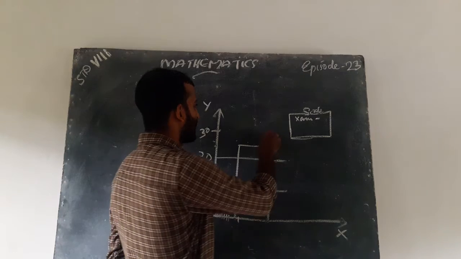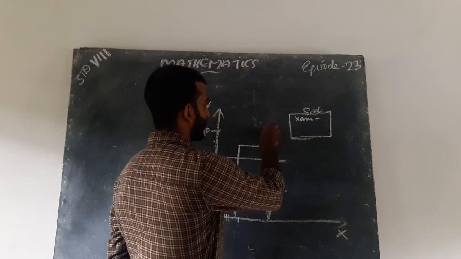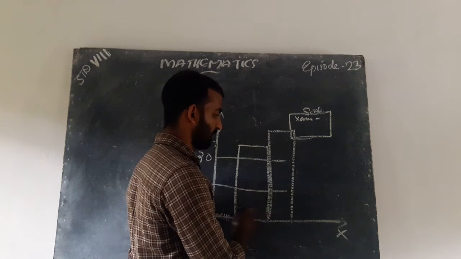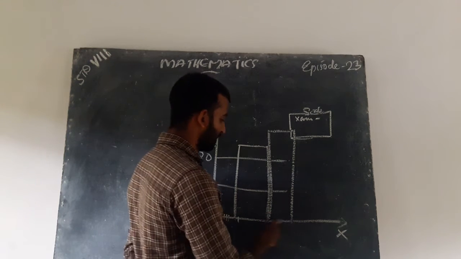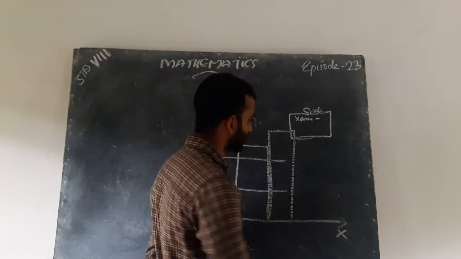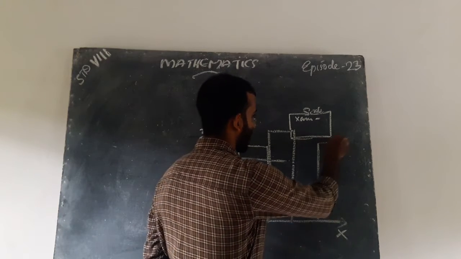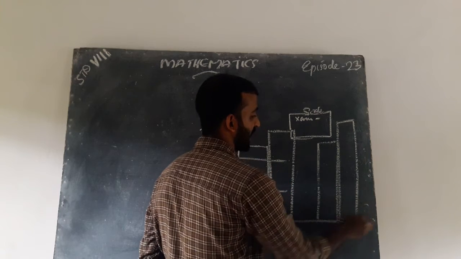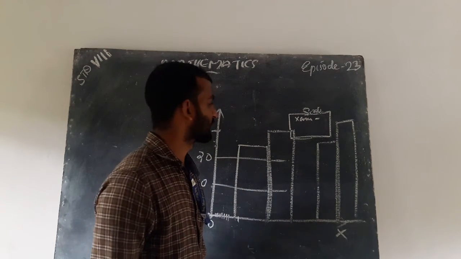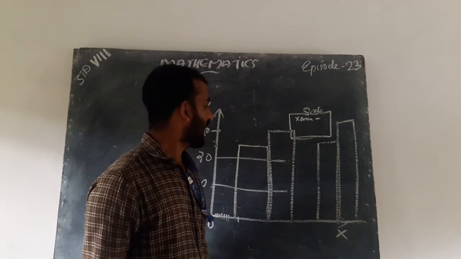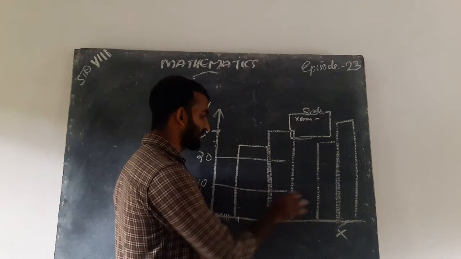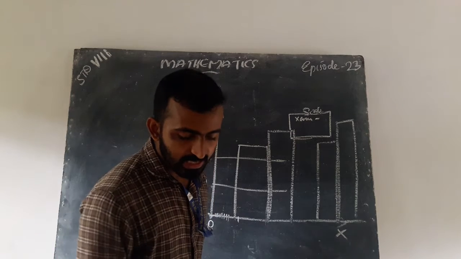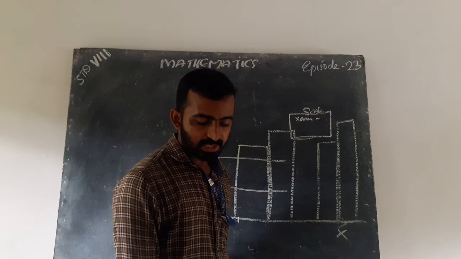And when we take a comparison, this is a double bar graph, and we make a distance, and we take the next double bar graph. Here the distance is equal.